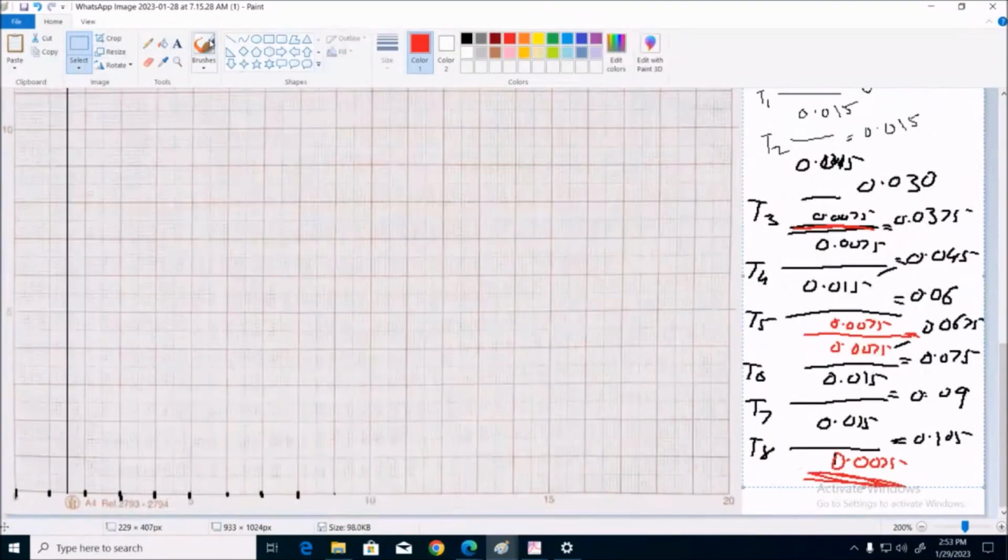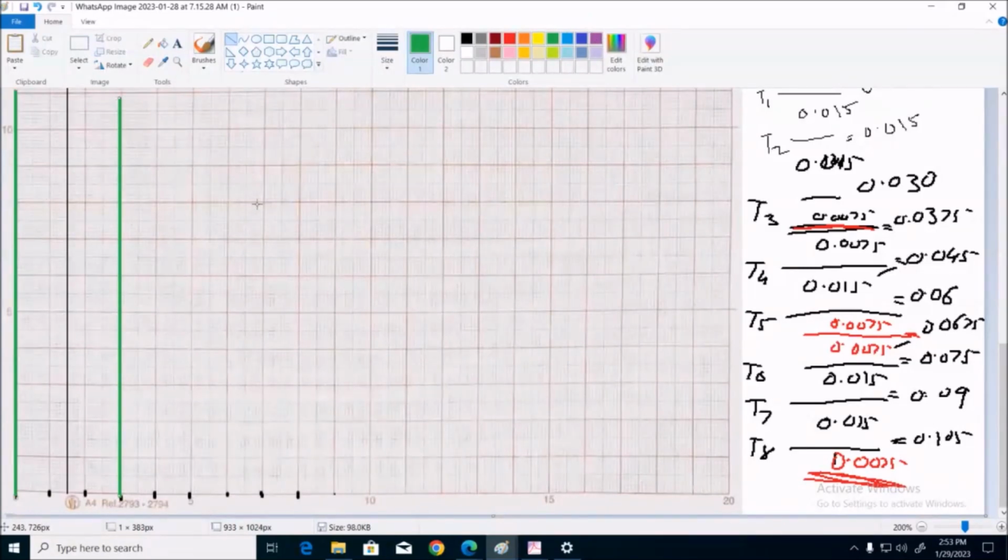Now I plot T2, so it will be at T1. This is T1, T2, and now T3 again here. So this is 1.5, then 3, then 3.75 here.